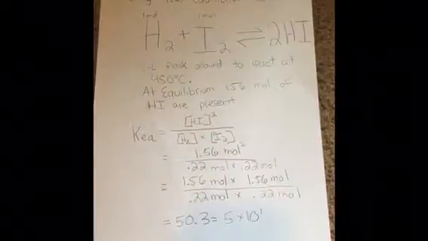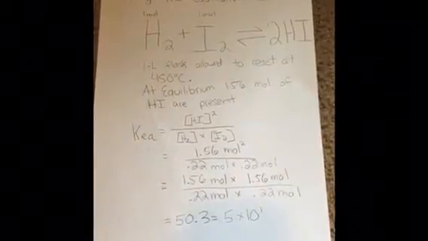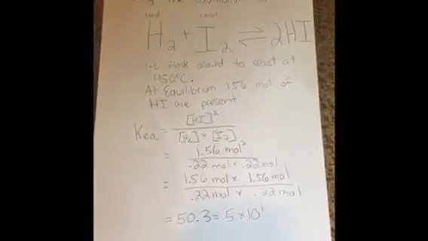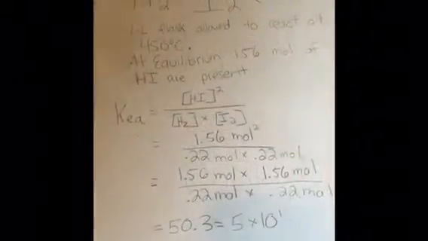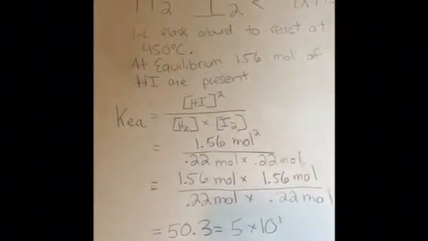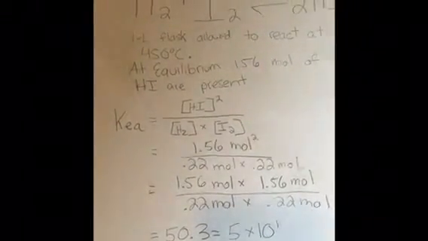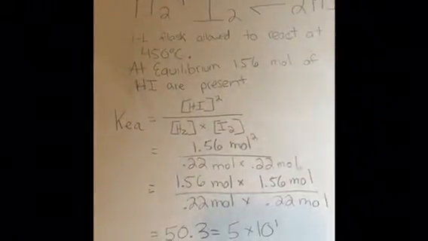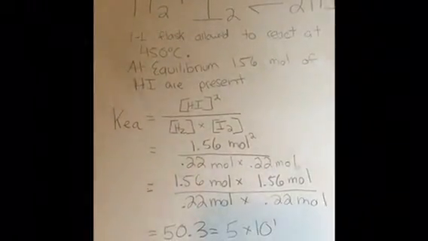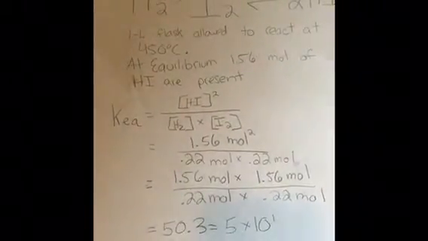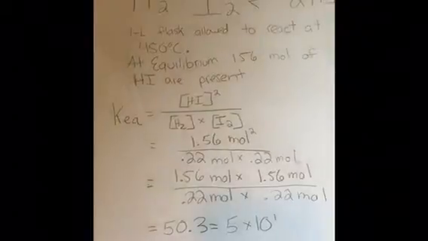First, you calculate how much of the H2 and I2 are left in the flask at equilibrium. 1 mole of hydrogen and 1 mole of iodine equal 1 mole minus 0.78 moles, which will equal 0.22 moles. You can substitute these concentrations into the expression for the equilibrium constant.